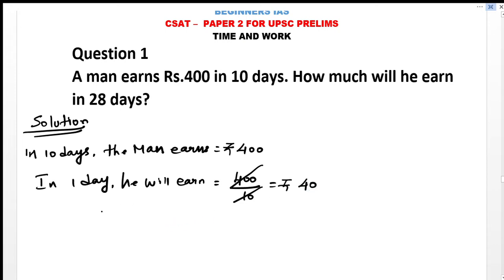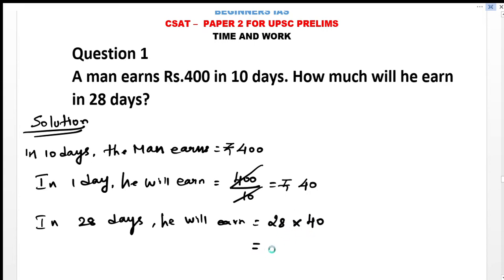Now we have to identify 28 days' earnings, so we multiply the one day earning, 28 into 40. 28 into 4 is 112, and here there is a 0, therefore I add 0 here. Therefore he earns rupees 1120 in 28 days.